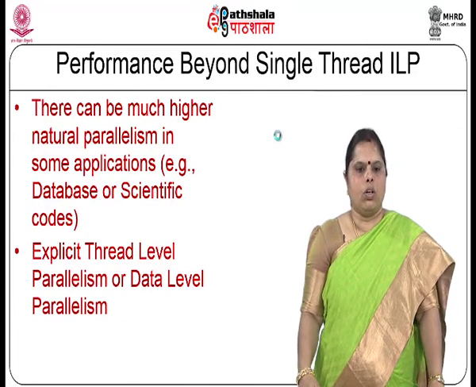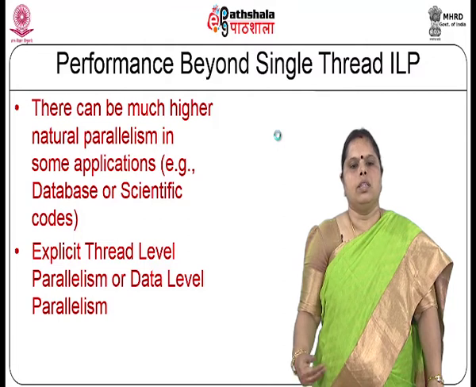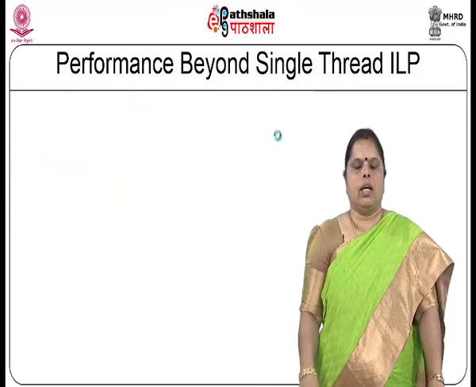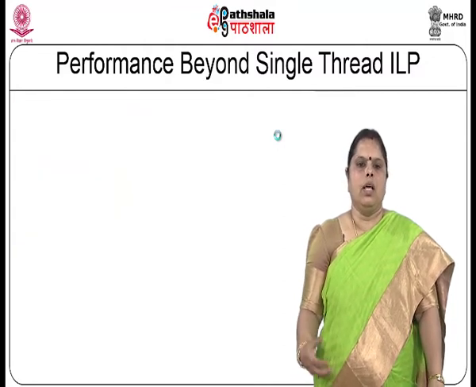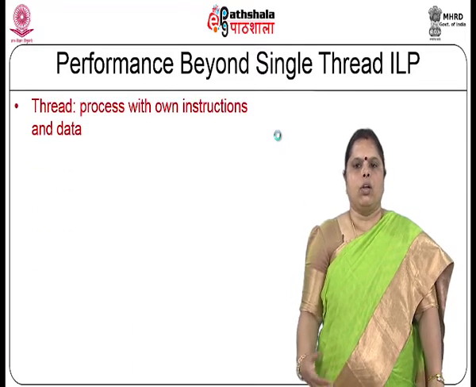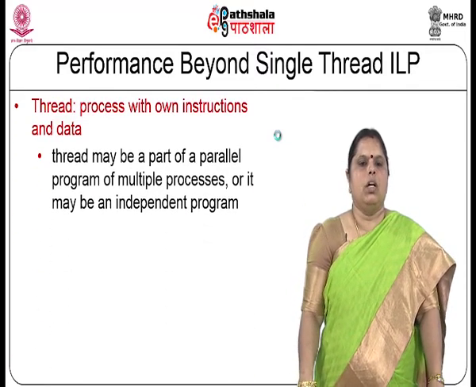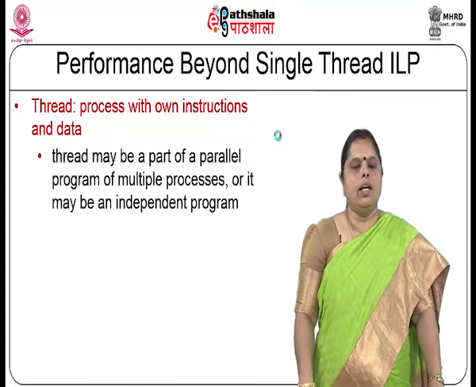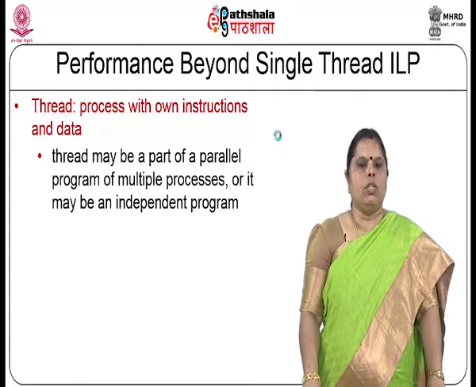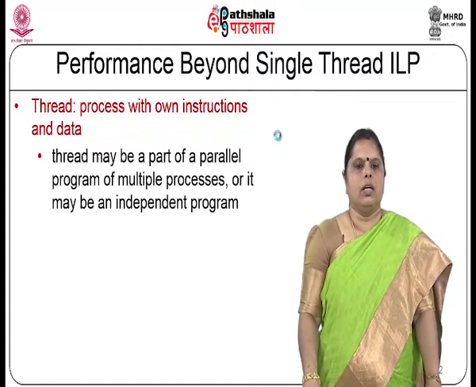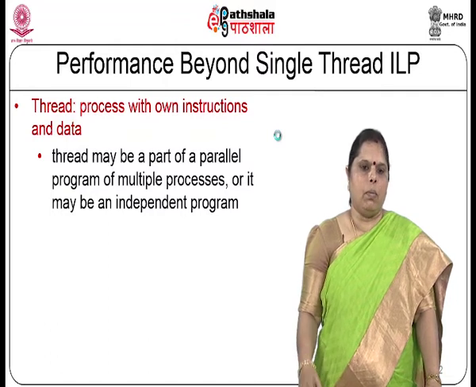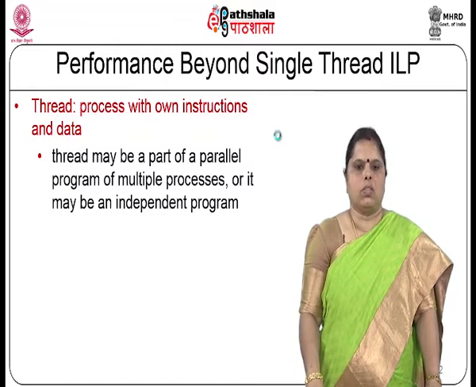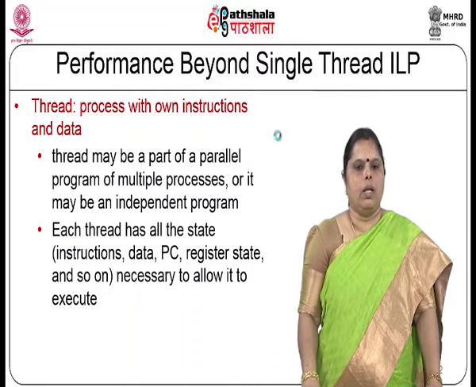What we are going to concentrate on here is the thread level parallelism that is available in your applications, and whether that can be exploited in order to get better performance. Now, a thread is nothing but a process with its own instructions and data. The thread may be part of a parallel program of multiple processes, or it may be an independent program.